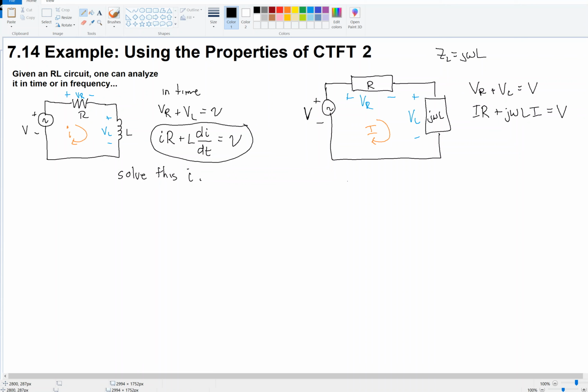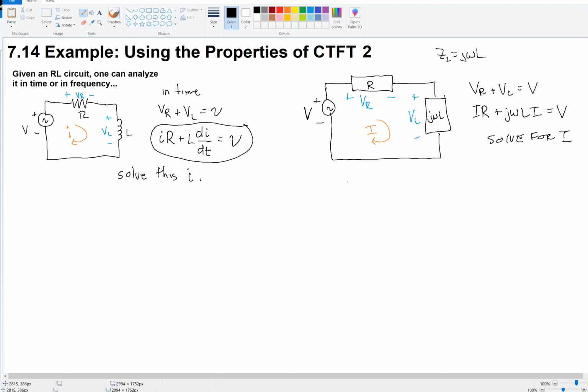And then you have an algebra equation. It's a complex equation because there's j, so there's a real part and an imaginary part. It's complex, but it's algebra. You can factor out an I, and you can solve that for I.